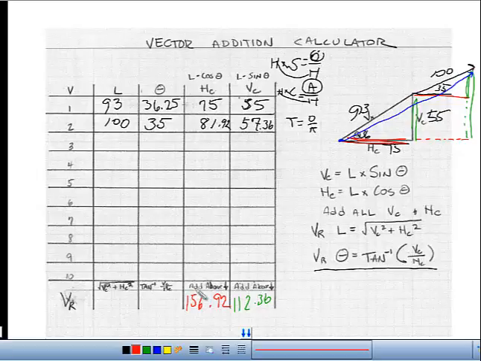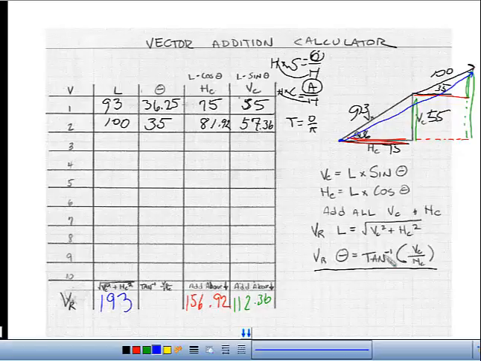Maybe 193 would be close enough for you and me. Or 92.99. So you can see that being 1 degree off, 1 1/4 degree off, is almost equal to a straight line addition.